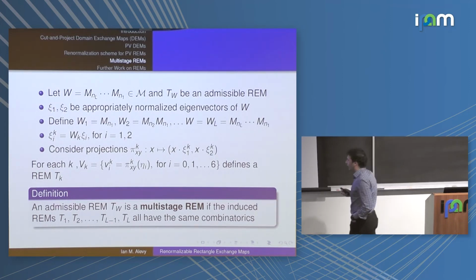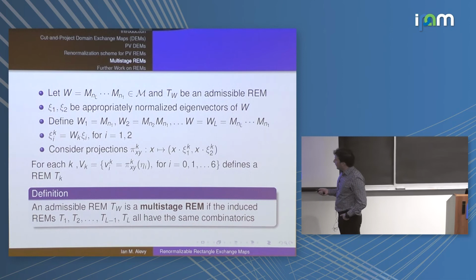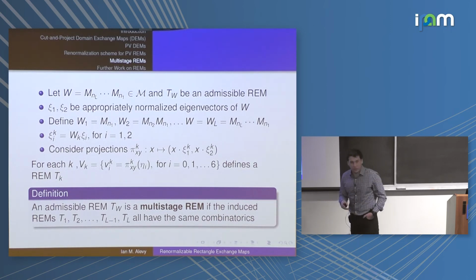And for each k, by projecting these translation vectors a to I under pi k xy, I'll get a set of translation vectors which give us a new rectangle exchange map. And we call that TK. That's the rectangle exchange map with the translation vectors in VK. Okay?